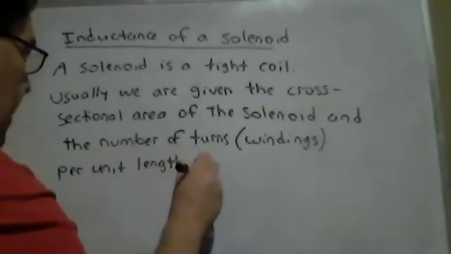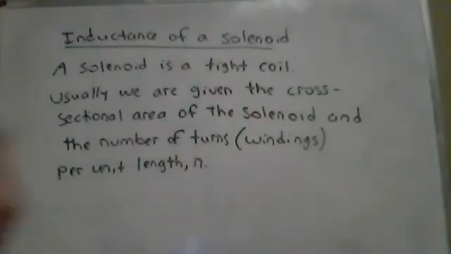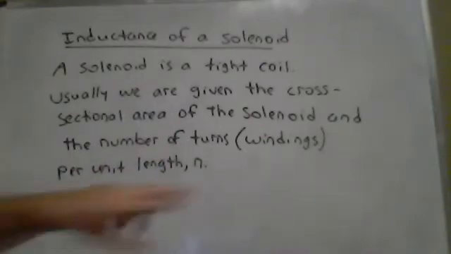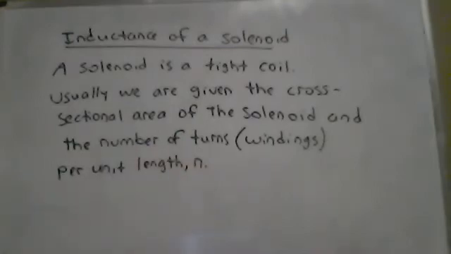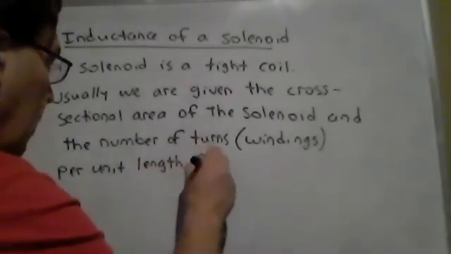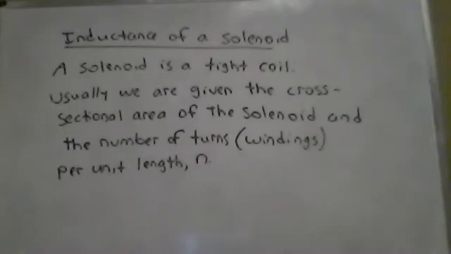That's usually given by little n. The total number of windings is often given by capital N, but if you pull a solenoid off the shelf, they'll usually tell you what little n is, either on the label or on the box. That's usually the number you're given.